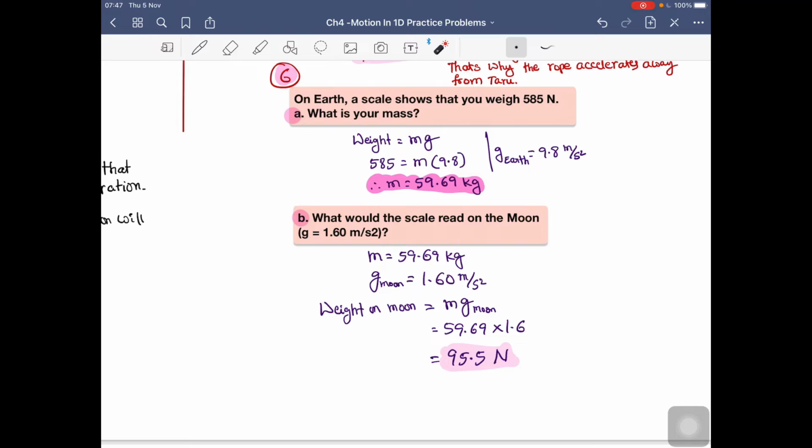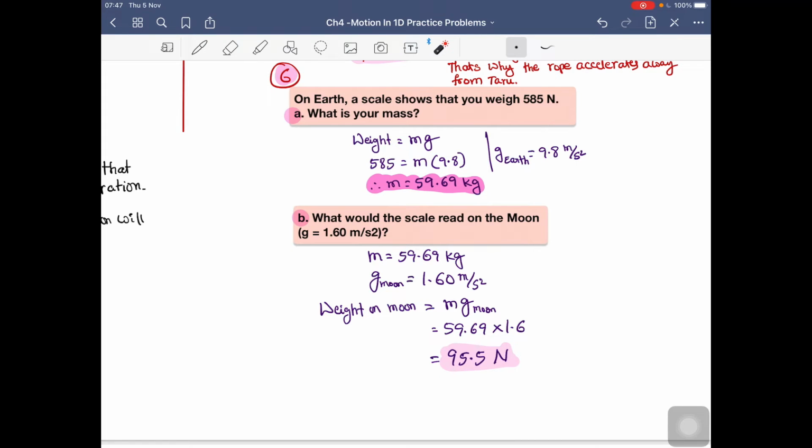So we have to use the moon's gravitational field value, 1.6. Weight on the moon equals mass times the gravity on the moon: 59.69 times 1.6, you will get 95.5.